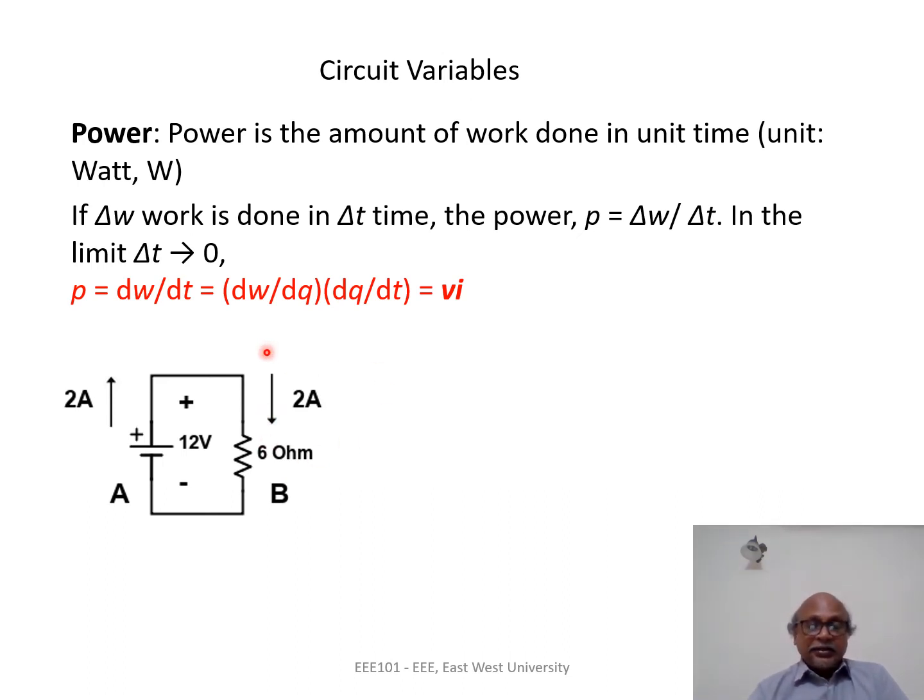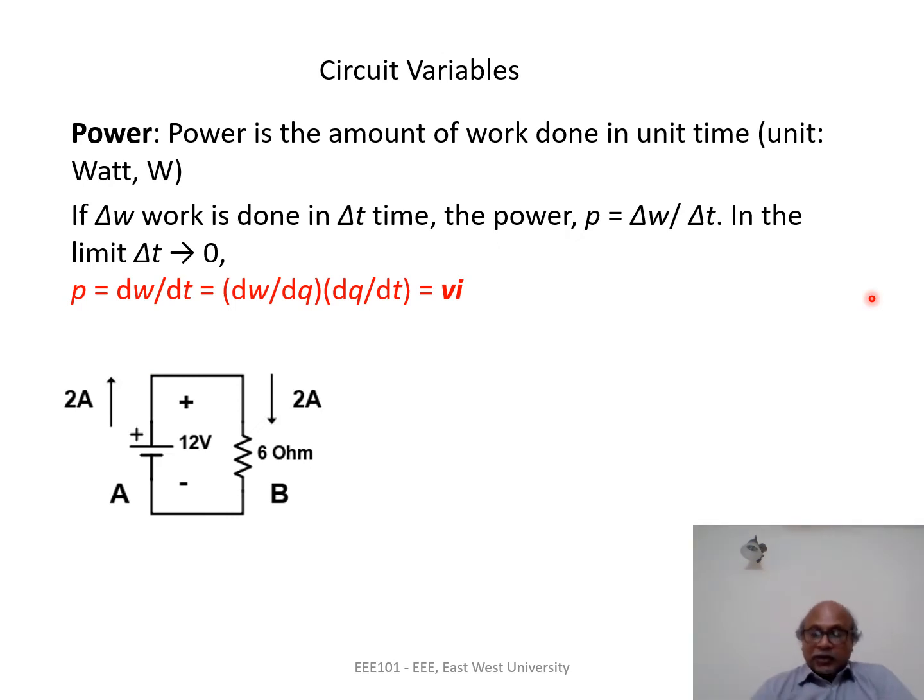And in a resistance, the current flows from plus of the voltage to the minus of the voltage. So current is flowing downward. Now this is a closed circuit, a closed path, and current flows through the closed path. So if the current through the resistance is 2 ampere, the current through the voltage source is also 2 ampere, which we show here.